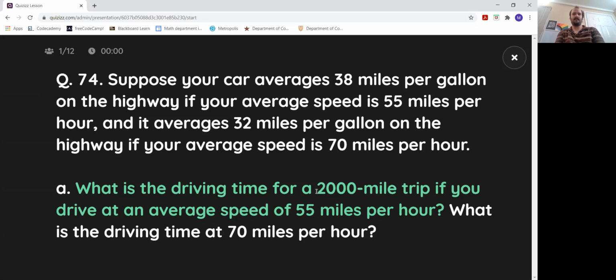So how long is it going to take to drive a 2,000 mile trip driving 55 miles per hour? And I'll give you a hint, you don't need all this setup. Basically, you need just like this information right here. 2,000 mile trip and you're driving 55 miles per hour. How long is that going to take you? You have your distance and you have your rate. You should be able to find your time from that.